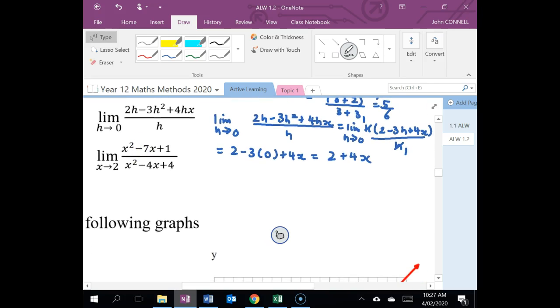Third learning. Let's try this last one. Limit as x goes to 2 of x squared take 7x plus 1 over x squared take 4x plus 4. Now, in that case, I'm going to try factorizing again.